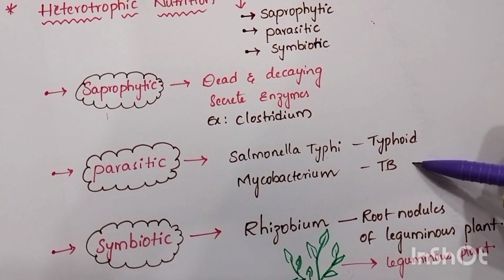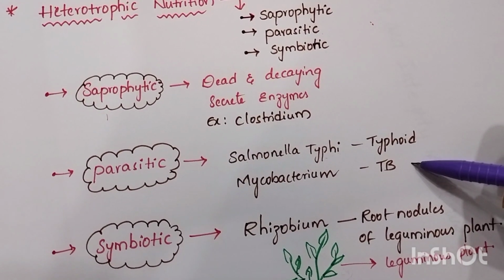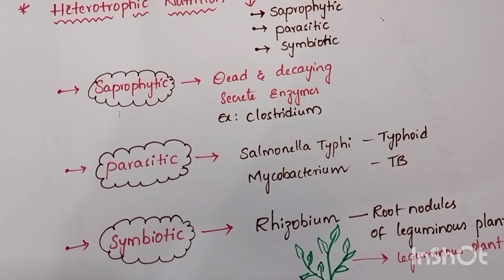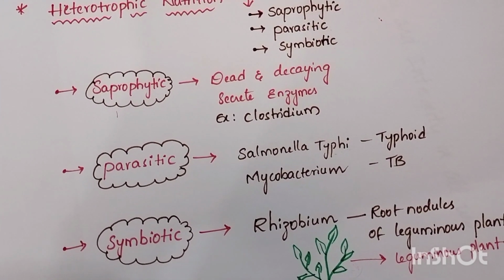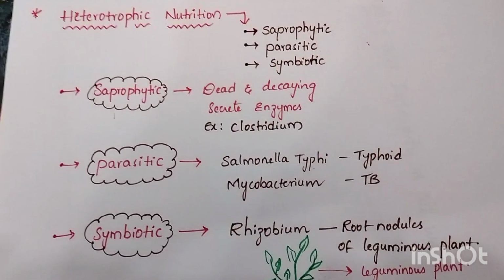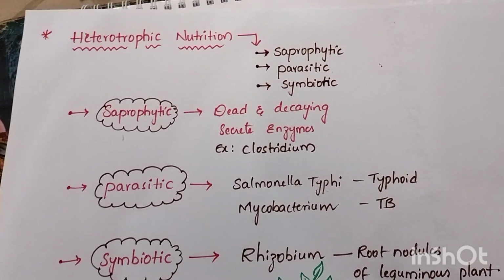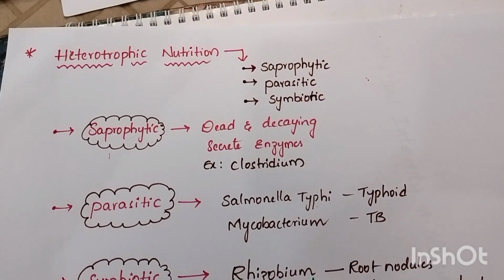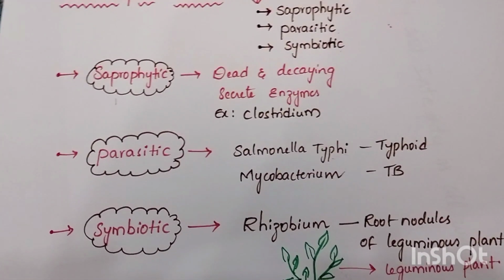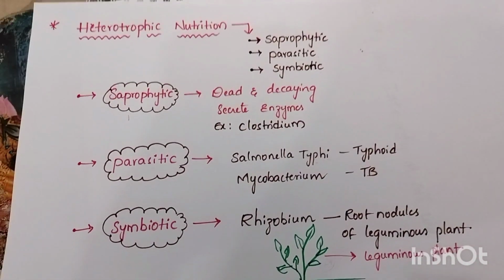And the second type of parasite is Mycobacterium. It causes tuberculosis. So this bacteria is also a parasite. This bacteria gets the nourishment and the food from us. It completely depends on us, and it in turn causes tuberculosis. So this is the parasitic nutrition.